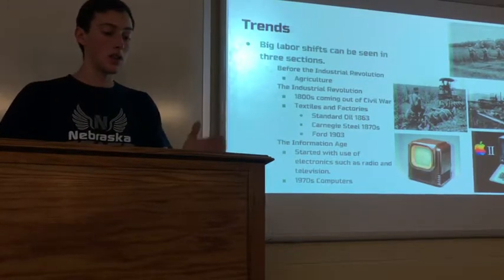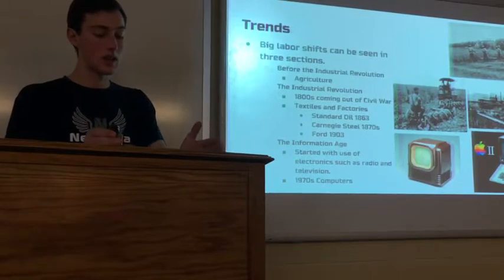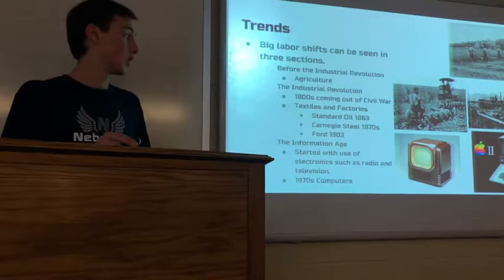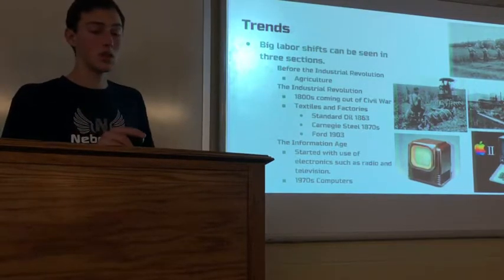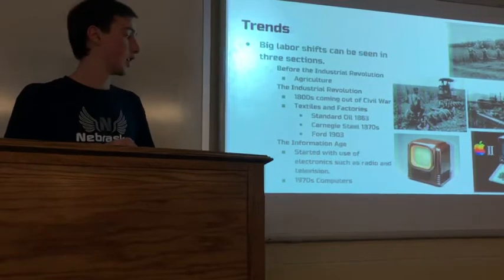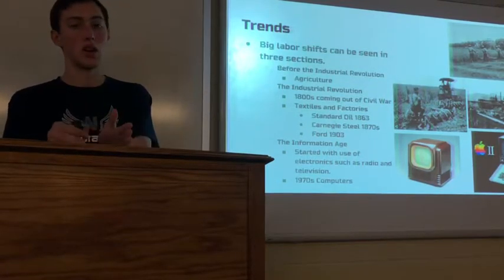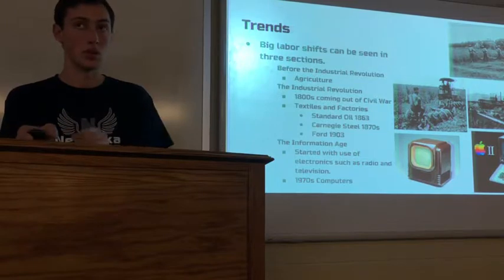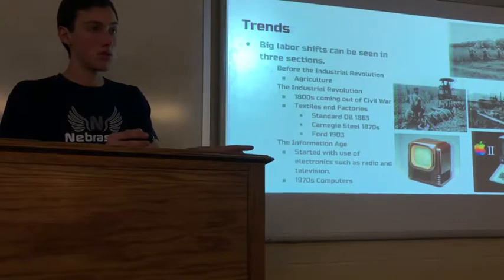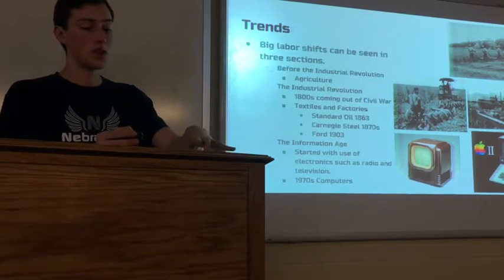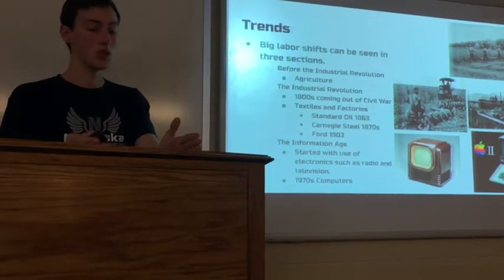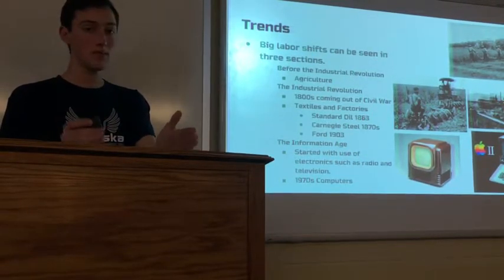So our economy still has that producing and manufacturing labor up until about the 1970s when we introduced computers. And then it begins our information age, as you call it, and that switches our economy to a service economy. So before the Industrial Revolution, you have a big boom in technology and industry, and that changes your labor to manufacturing.